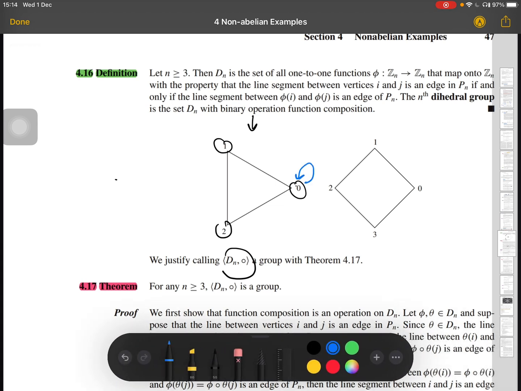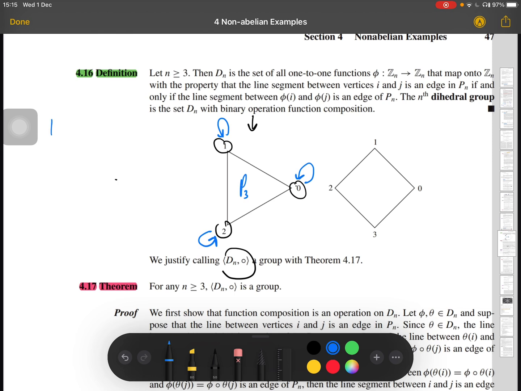So 0 to 0, 0 is not an edge of Pn. Okay, so now this is a polygon with 3 sides, so this is P3, right? So that's my mapping 0 to 0, and then 1 I map to 1, 2 I map to 2.